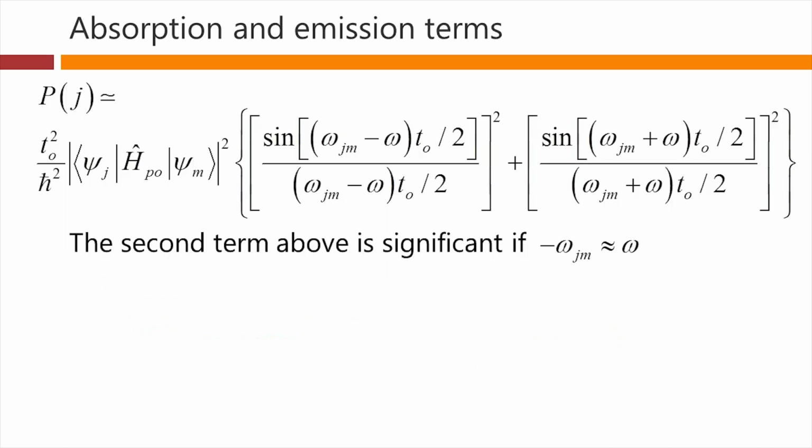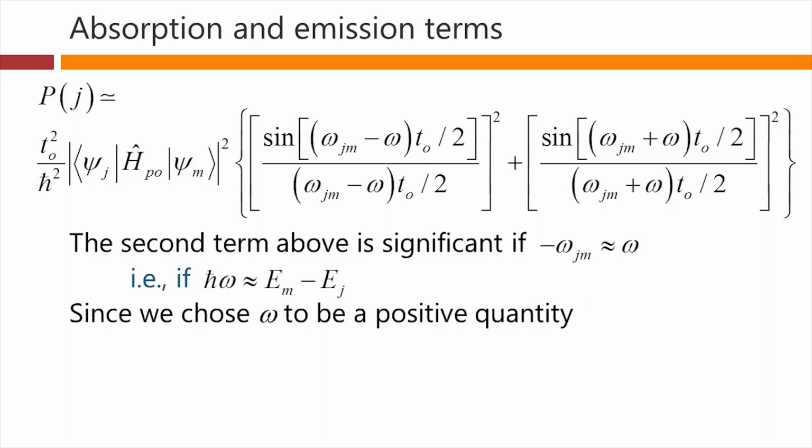The second term is significant if minus omega jm is approximately equal to omega, so that, again, this becomes approximately 0. That is, if h bar omega is approximately equal to Em minus Ej. So if this is to be the case, since h bar omega is positive, that would mean that Ej must be an appropriately lower energy than Em.